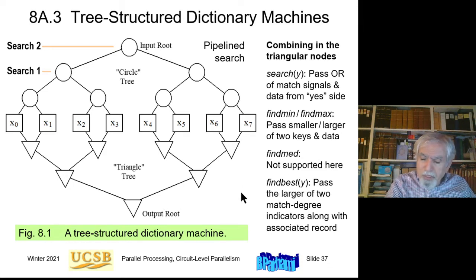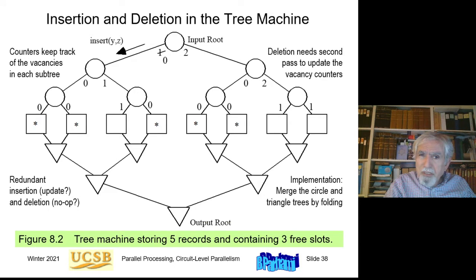So far so good. But what about insertion and deletion? Here's when some complications arise. If you want to insert something into the structure, you assume that there's some room. So for example, these star cells are already occupied. Blank cells are free, places where we can insert new records, key-value pairs.